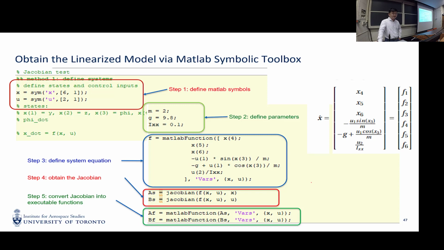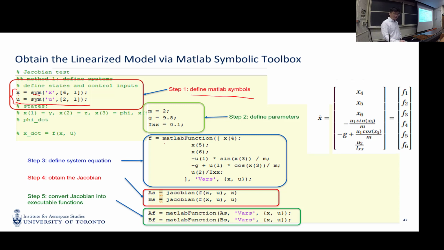Aside from doing this by hand, you can also do this by using the MATLAB symbolic toolbox. It provides an easy way for you to do the linearization for complicated systems. The steps are: first, define your states x, u as MATLAB symbols using the sym function.